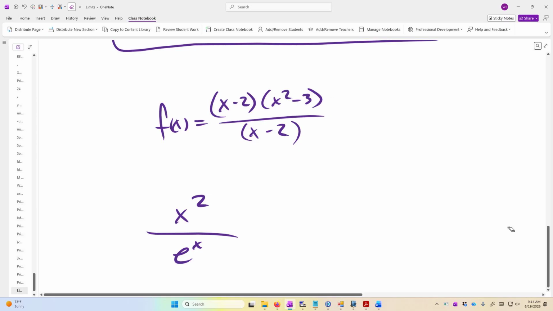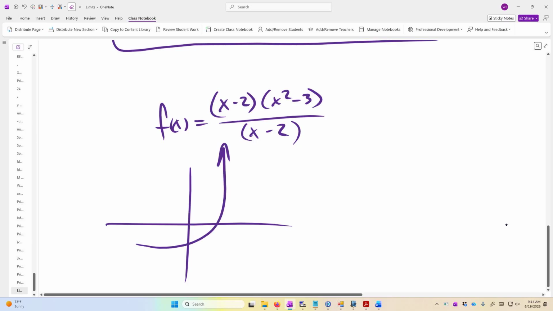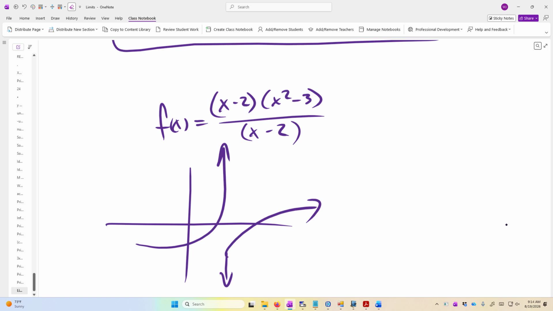In rational functions, just as a review, they have one of two things. They either have vertical asymptotes, or what's the other option?